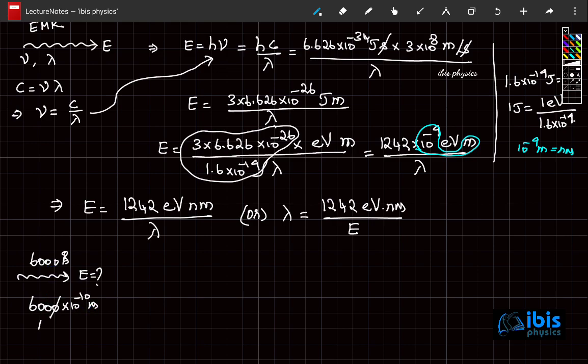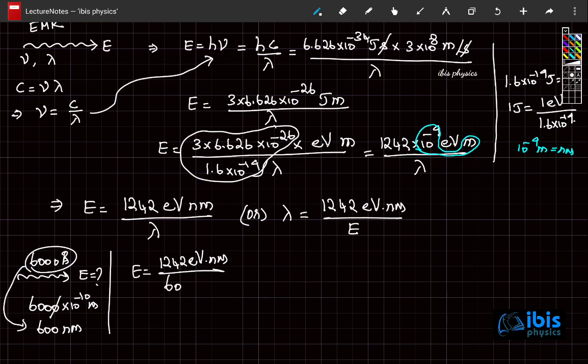So 6000 angstrom is 600 nanometer. You substitute this in nanometer to get the energy in electron volt. So the energy of the wave is equal to 1242 electron volt nanometer by 600 nanometer.